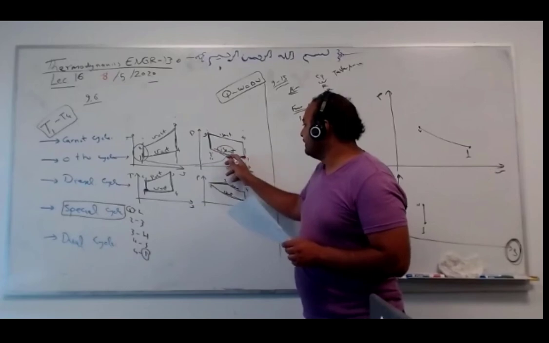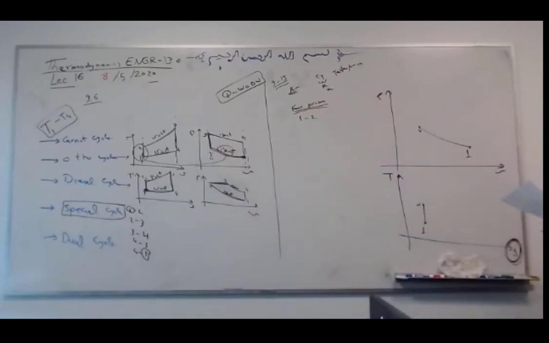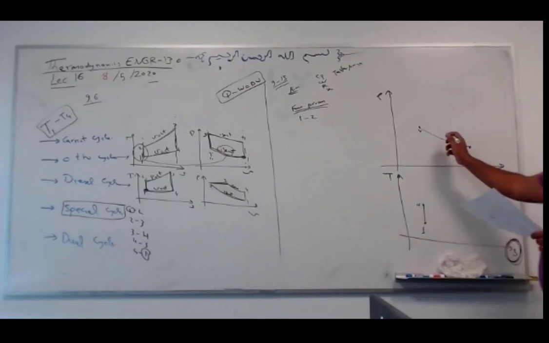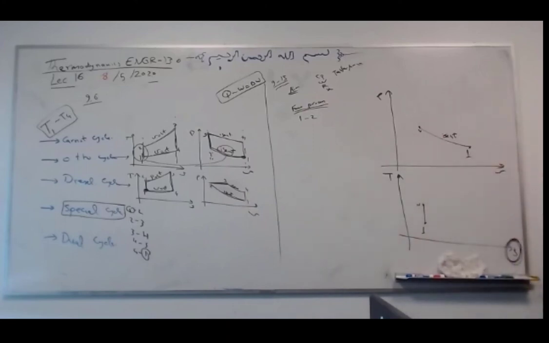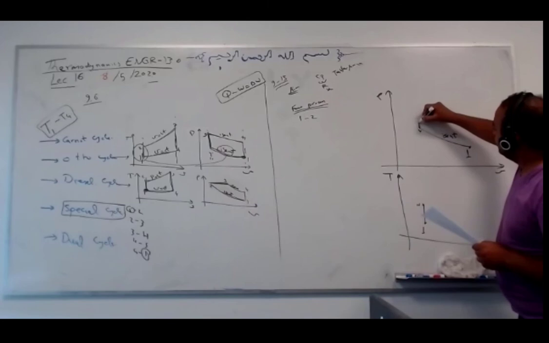This was isentropic. Correct? 2 to 3, constant volume. Here is easier. Constant volume is what? Vertical, exactly like Otto.